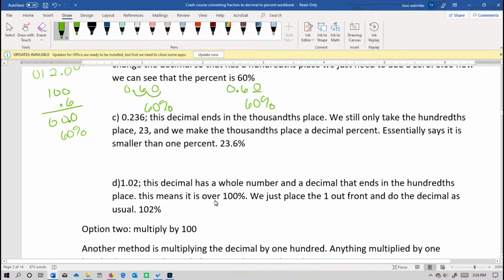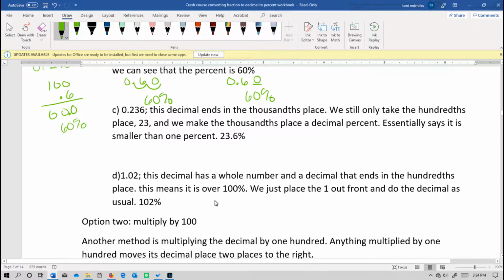Let's do letter C. 0.236, this decimal ends up in the thousandths place. So now we have a little bit of a different thing, but we can still multiply it by 100 since that's the place value for percents.